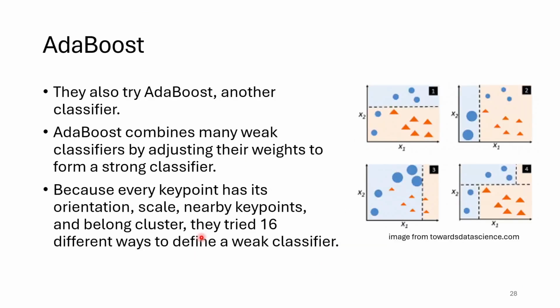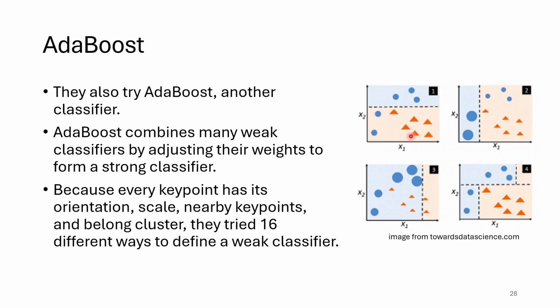What is AdaBoost? AdaBoost is another type of classifier, and the main idea of AdaBoost is that if there are many weak classifiers, they try to find a way to combine those weak classifiers into a single strong classifier. So how to do it? Tune the weight or coefficient for each classifier and combine them together.